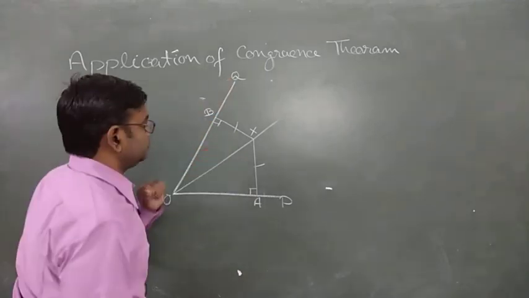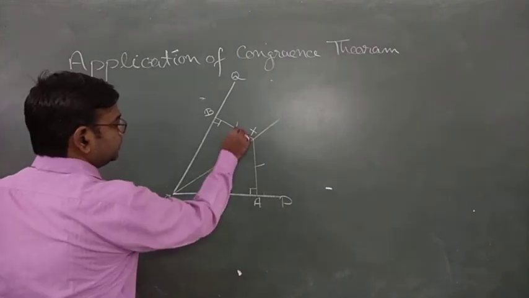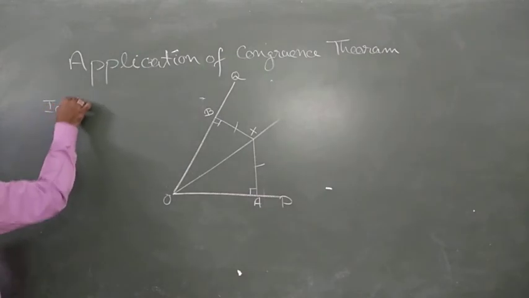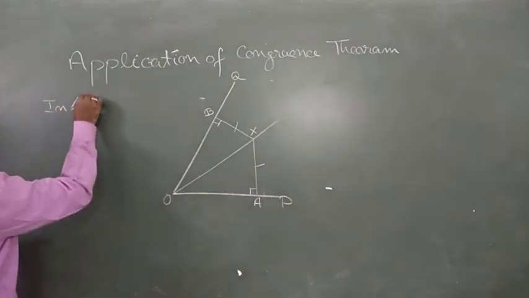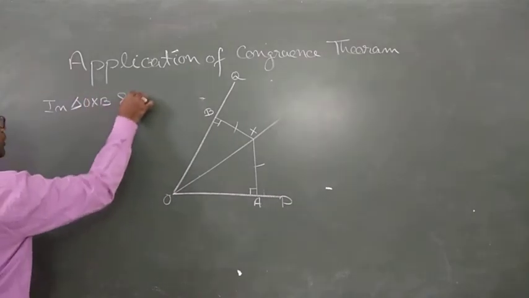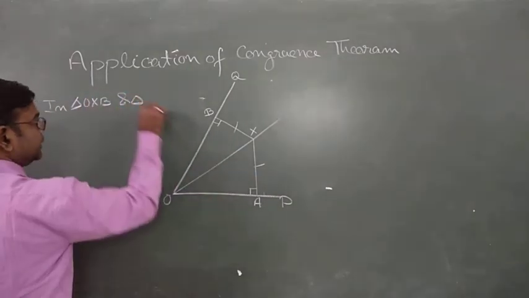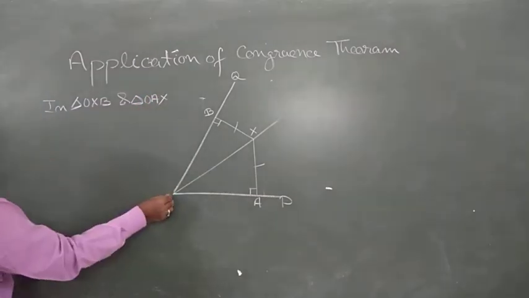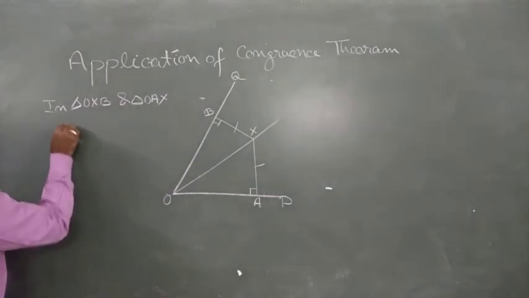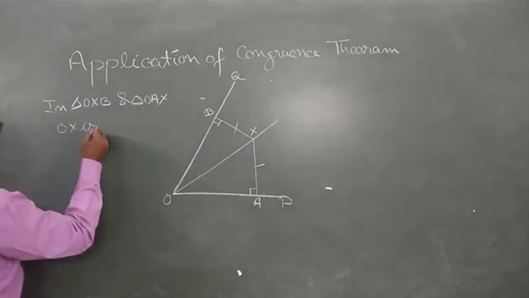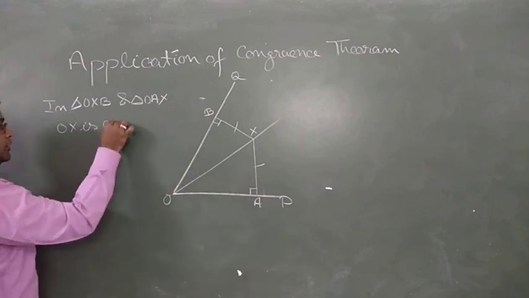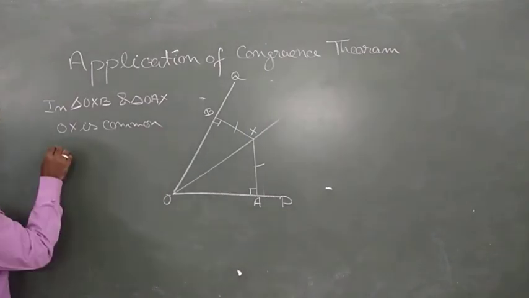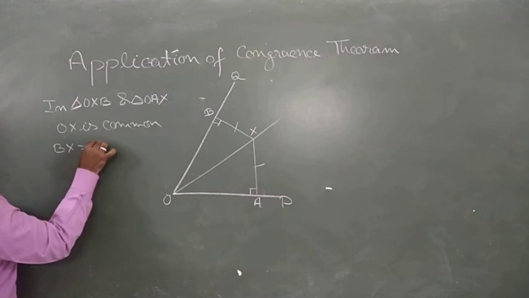Again, in these two triangles we have this side common, this side equal, and this is a right angle. In triangle OXB and triangle OAX, first OX is common. Clear? And it is given that BX equals AX.